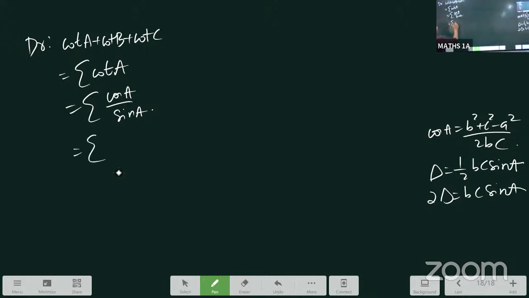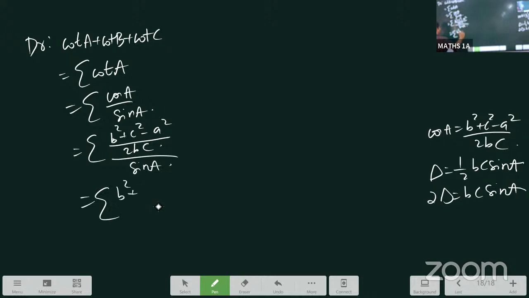So that is cos A, b square plus c square minus a square by 2bc, divided by sin A. That is summation b square plus c square minus a square by 2bc sin A. Correct now?